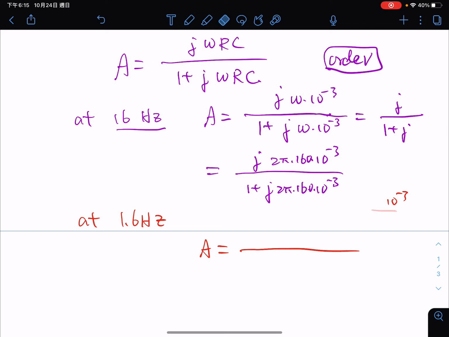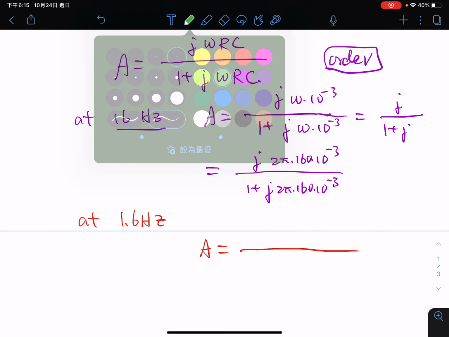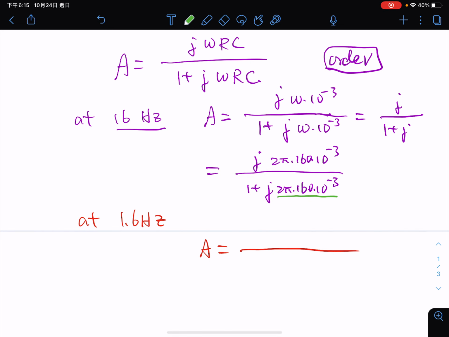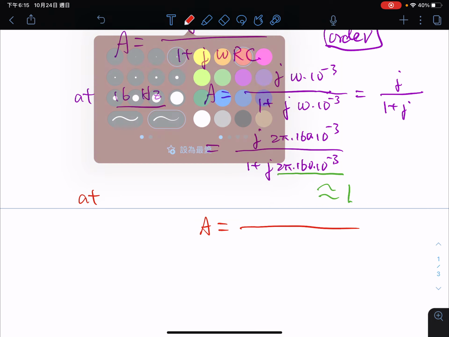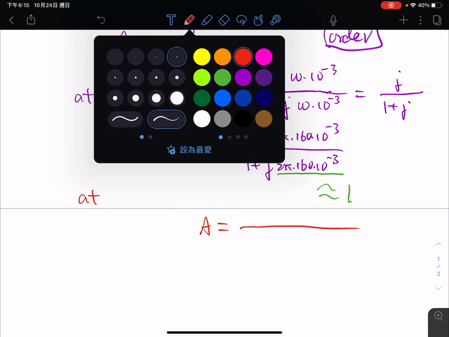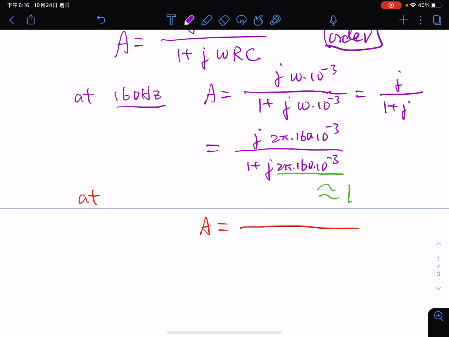And we know 2 pi multiplied by 160 multiplied by 10 to the minus 3 is approximately equal to 1, right? And we want to know how many dB off per decade, right? So this should be 160 hertz, and now we have 16 hertz.